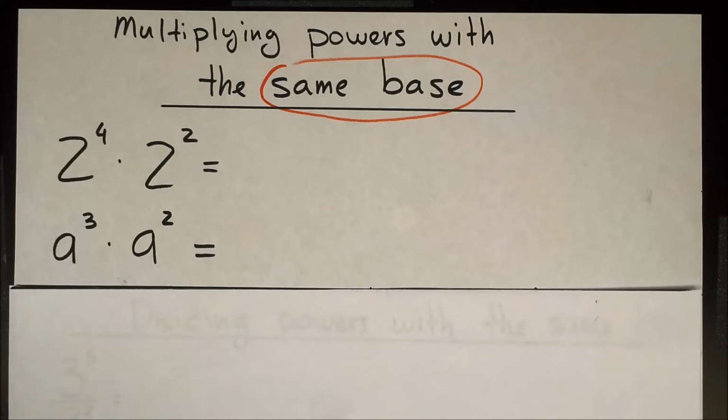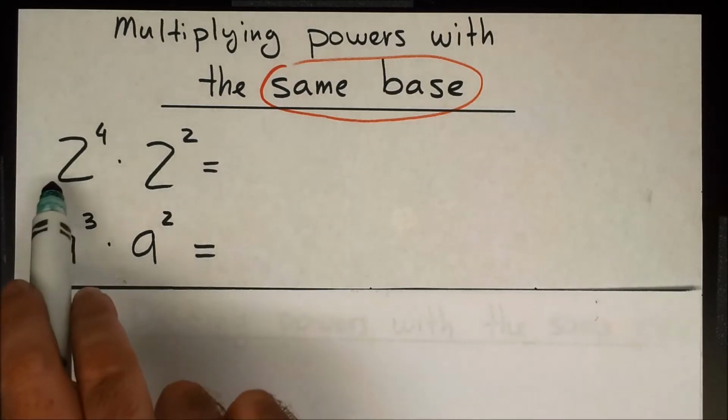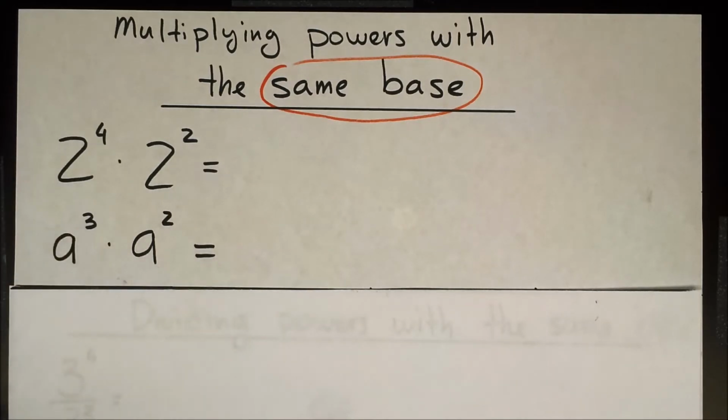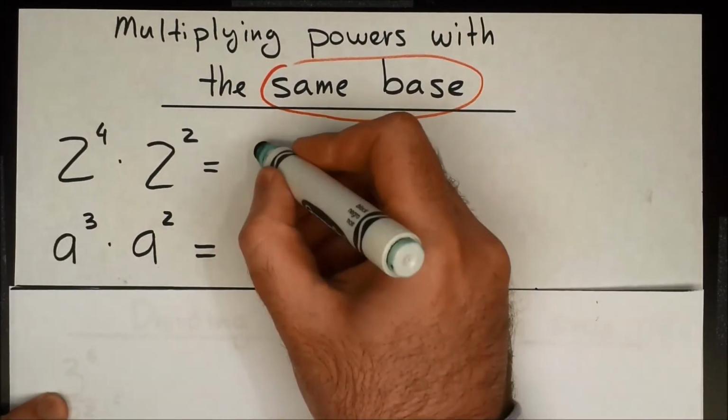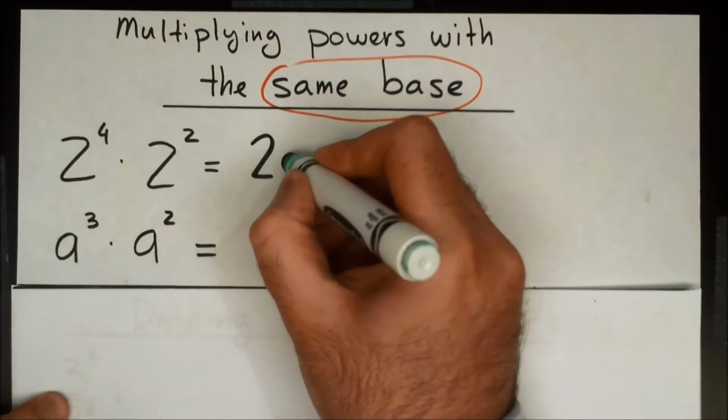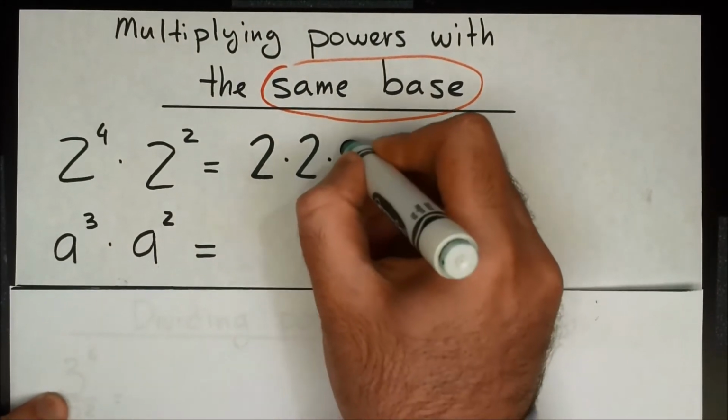Then let's go ahead and write them out like you know how to do these. So how can I write 2 to the 4th power? Someone tell me. Hopefully someone said take the base 2 and multiply it against itself 4 times, because that's what the exponent tells you to do.